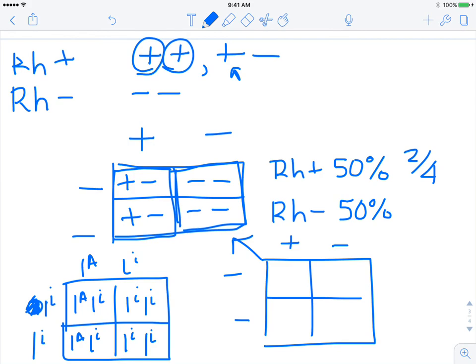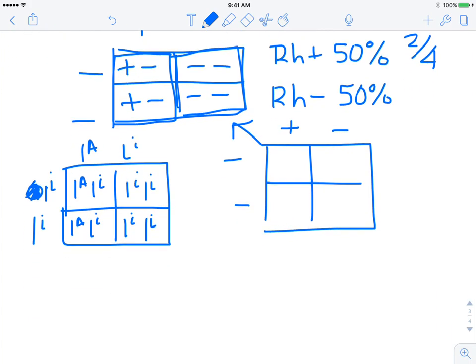And then they could also be positive or negative. So we would say that their offspring could be A positive, A negative, O positive, or O negative.